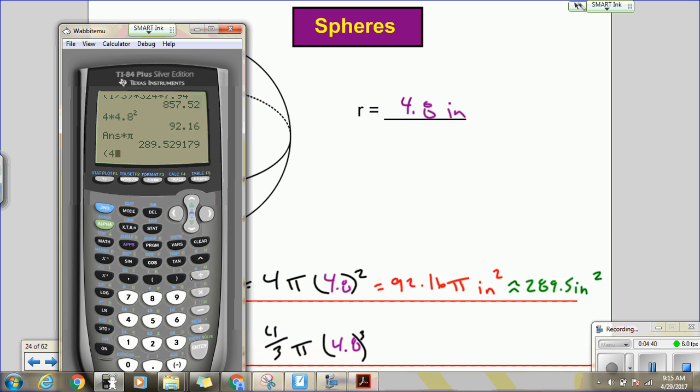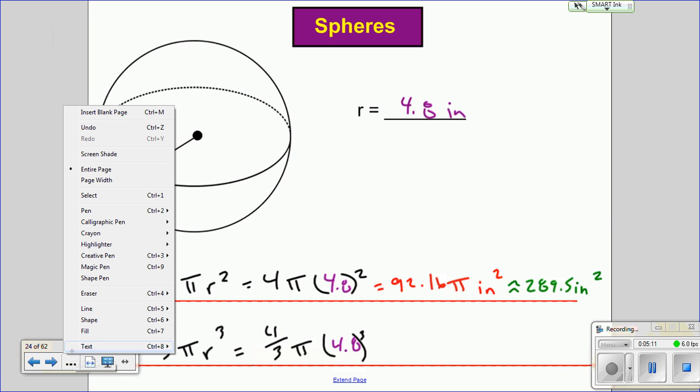So 4 divided by 3, essentially, times 4.8 cubed. And you get roughly 147.456.